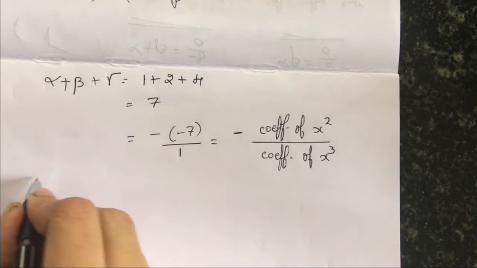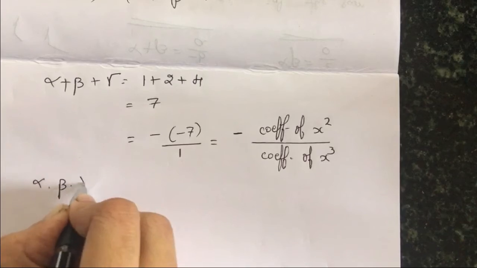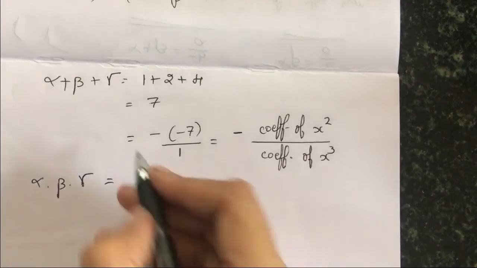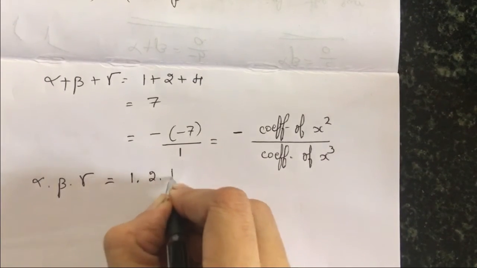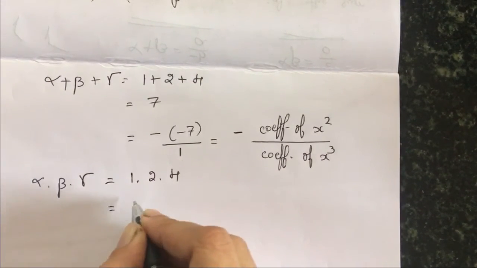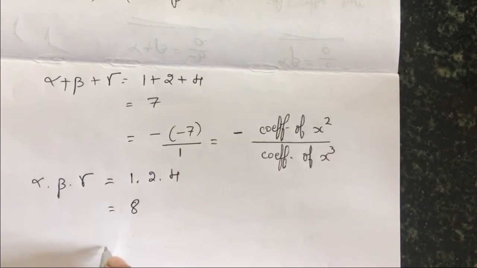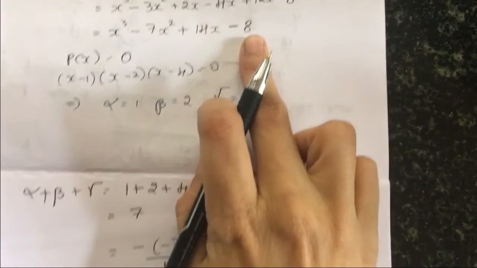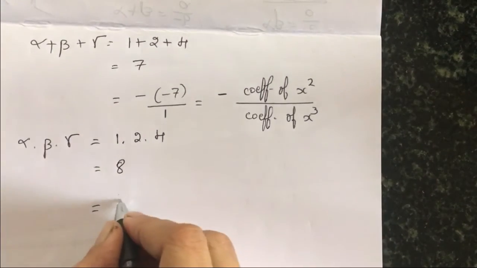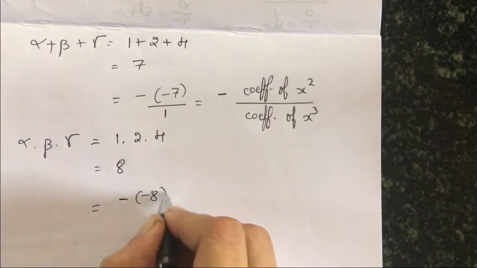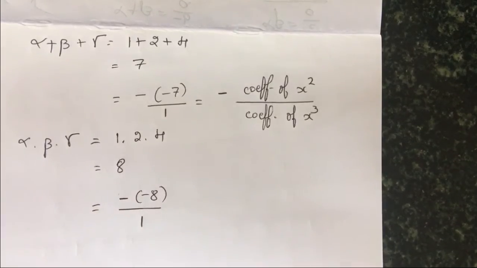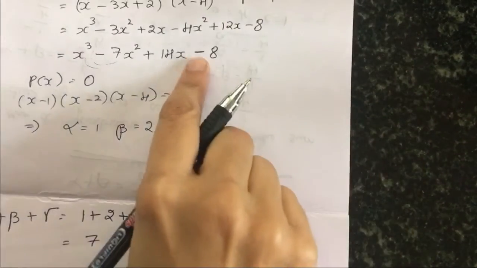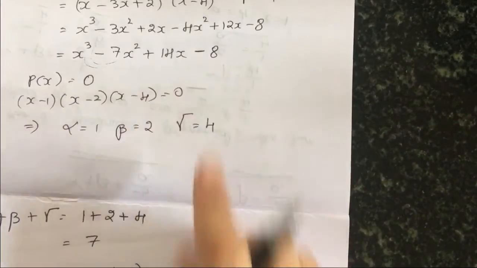Now I'll take the product of zeros, alpha into beta into gamma. That is 1 into 2 into 4, which is 8. Again, I have minus 8 over here, so I can write 8 as minus of minus 8 divided by 1. Minus 8 is the constant term in my polynomial.